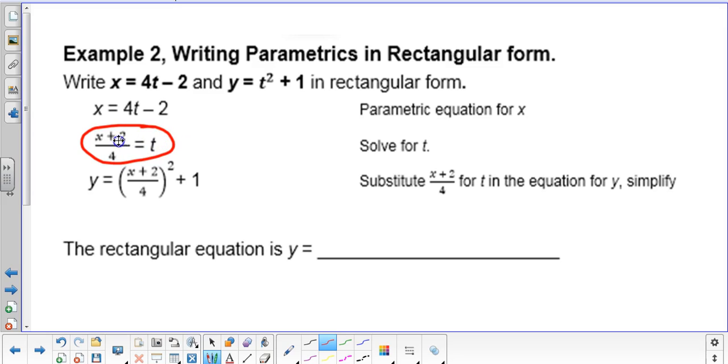Then they said, well, if t is equal to that mess, we can plug that in here, and we won't have a t anymore. So they have y equals that mess squared plus 1. Everybody okay? I would really be okay with this equation. I'm going to talk about rearranging it because this is not a form we're familiar with.